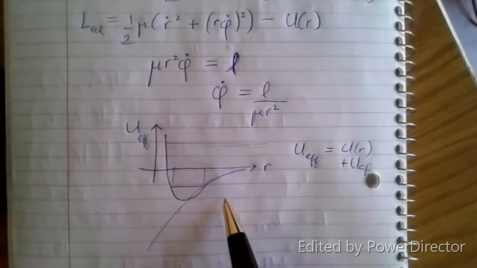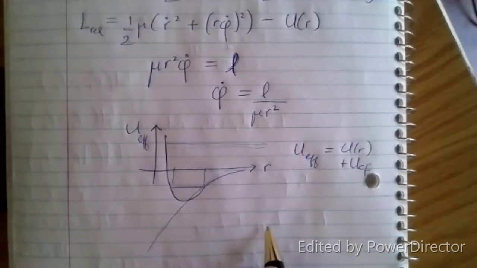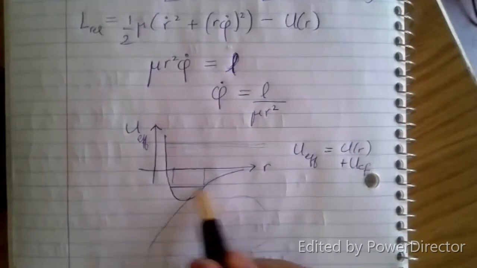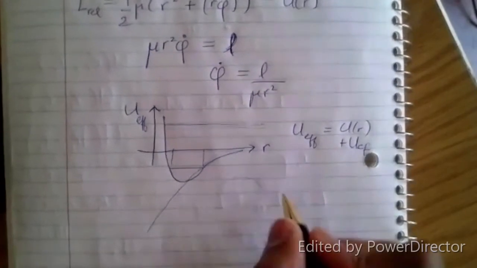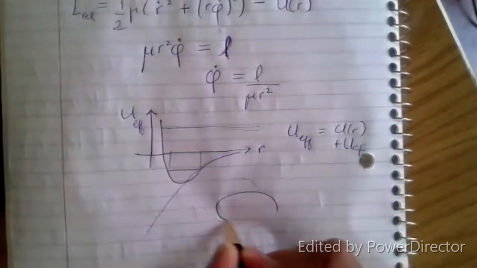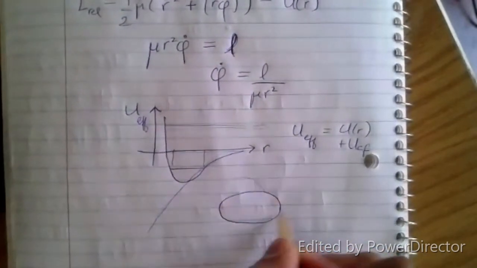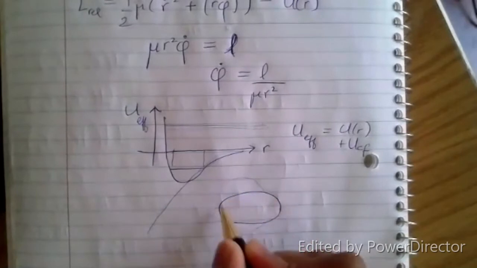But how long does it take to go from phi equals 0 all the way back to phi equals 2 pi? That period doesn't have to be the same as the period for the R oscillation. If they are the same, then what you end up with is what is called a closed orbit, where it just nicely repeats itself again and again.